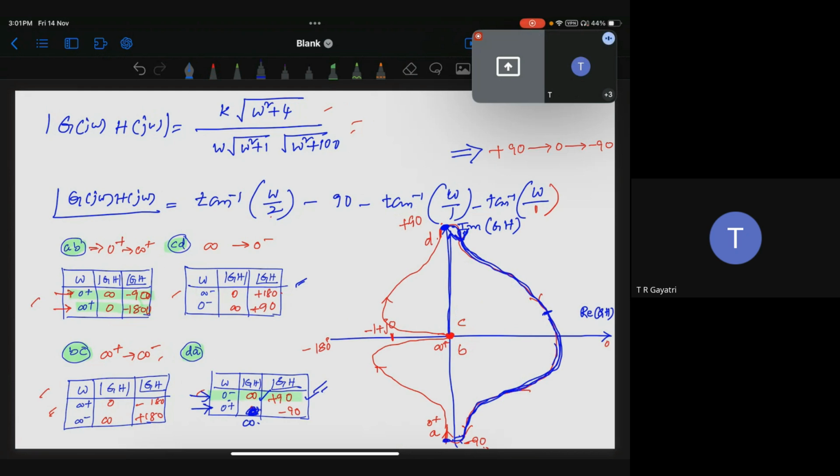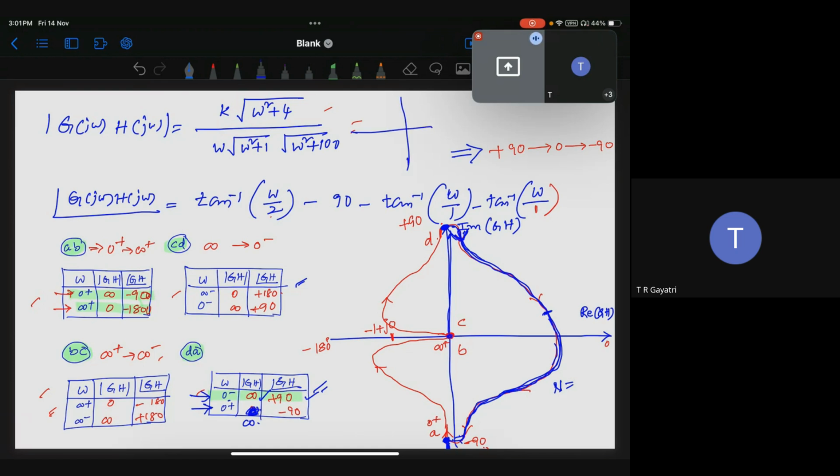Another question. In that AB part, we have the magnitude infinity and angle as -90. Yes. So infinity means dead end. You are starting here, ending here. So the priority should be for angle, is it? No, it is something like this.